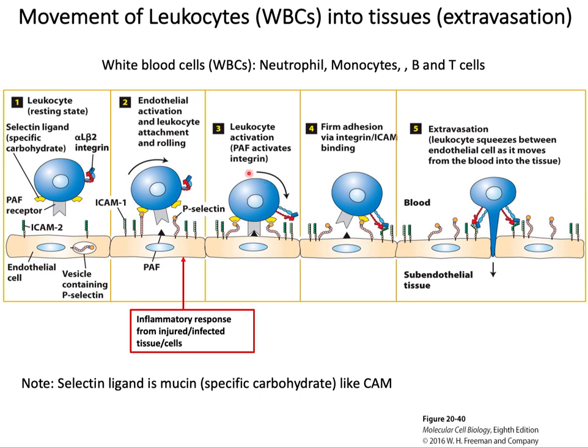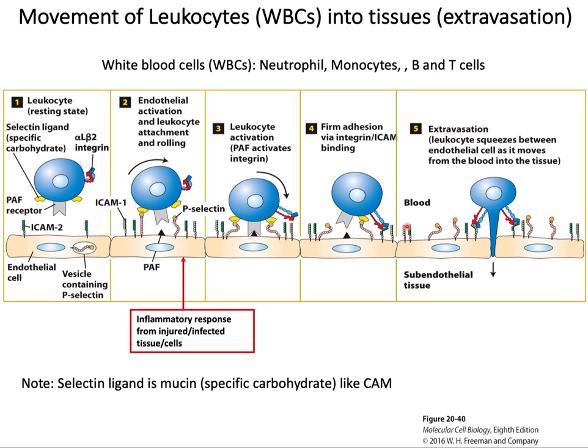Then what happens as the leukocytes are rolling, in this third step right over here, the platelet activating factor receptor on the white blood cell will interact with the PAF on the surface of the endothelial cell, and this will activate the integrin. The integrin will become adhesion competent and will begin to interact with the immunoglobulin superfamily cell adhesion molecule, ICAM1 or ICAM2, on the endothelial cell.